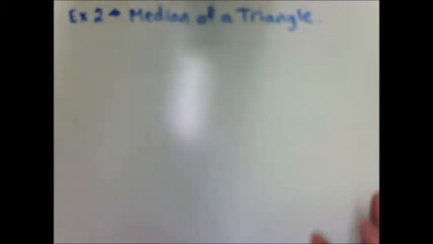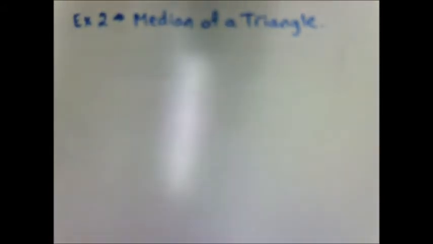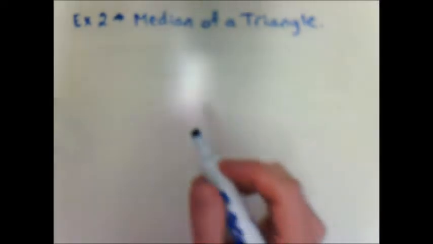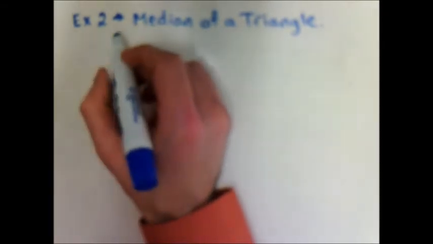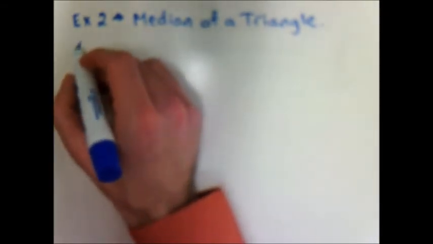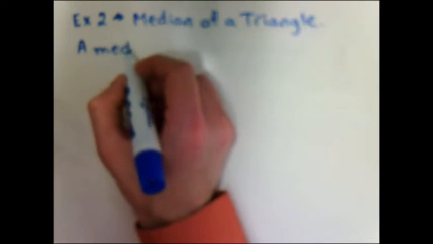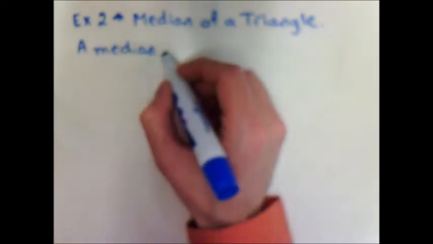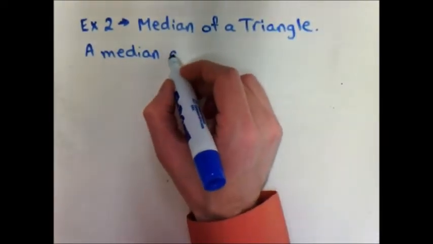Okay, in example 2, we are trying to determine the median of a triangle. First, we need to know what a median is. A median is the name that we give to a line segment.